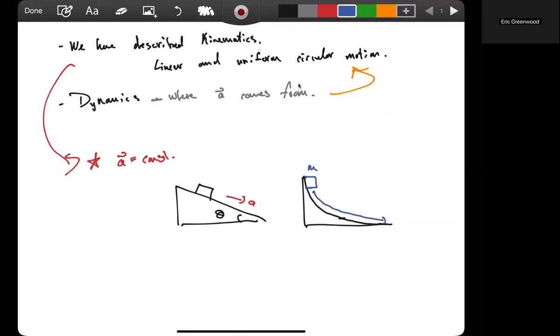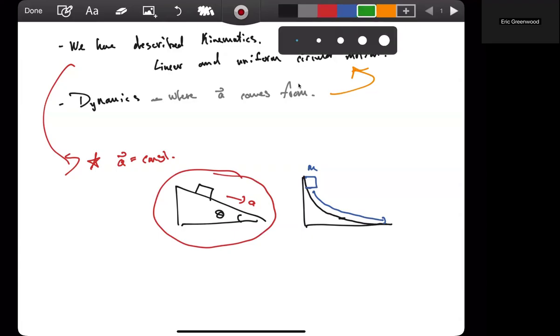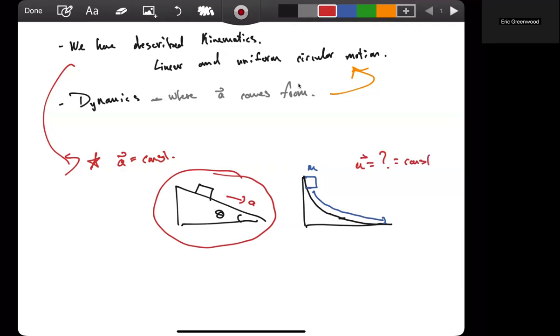So the question is, in the first case with the inclined plane, this guy has a constant acceleration. In the second case with the curved ramp, does this guy have a constant acceleration? Is a equal to a constant? The quick answer is no, since this thing is not level.